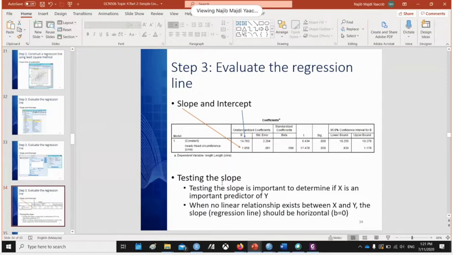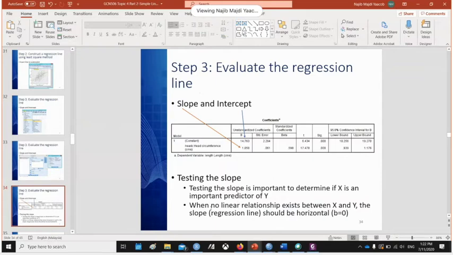Testing the slope is important to determine if X is an important predictor of Y. If you are doing exploratory types of modeling, then this step is important. We need to determine whether this variable is an important predictor for Y or not.